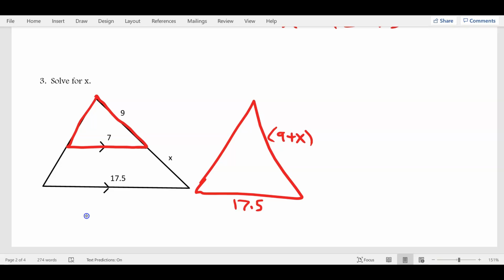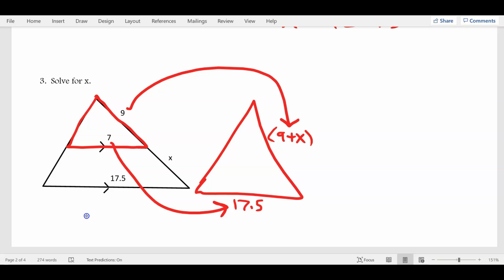So what does 7 correspond with? 7 goes to 17.5, right? And then 9 goes to 9 plus x. Most people when they do this say 9 goes to x, but the whole side is 9 plus x, cool?